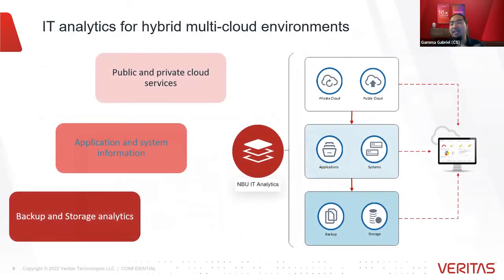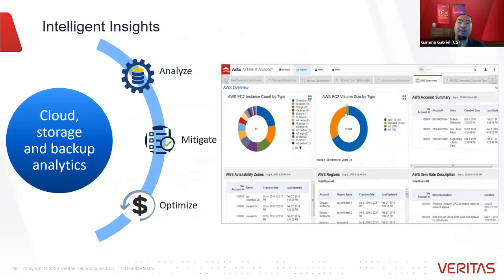Okay, so just a quick snapshot of what we are able to manage. As I've said earlier, we're able to cover private cloud, from the applications and subsystems to the backup and storage. We consolidate that information and run analytics across all of those platforms. From there, we are able to create insights. We are able to analyze, mitigate, and optimize, which we will talk about in some of the use cases.